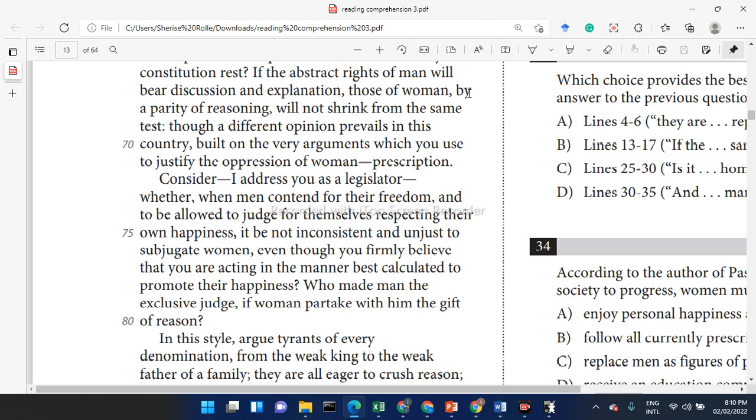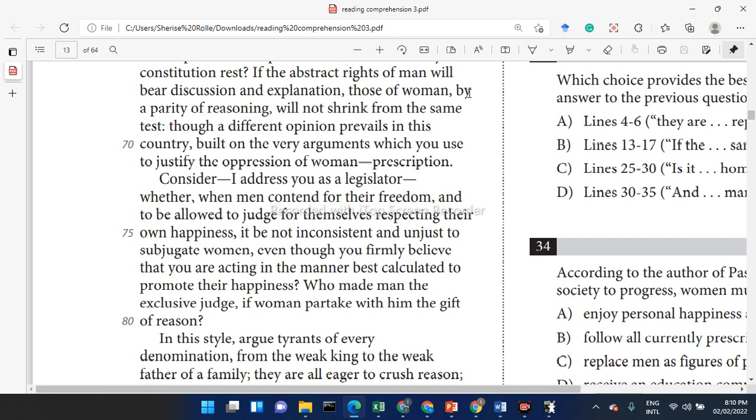Consider, I address you as legislator, whether when men contend for their freedom and to be allowed to judge for themselves, respecting their own happiness, it be not inconsistent and unjust to subjugate women, even when you firmly believe that you are acting in the manner best calculated to promote their happiness.